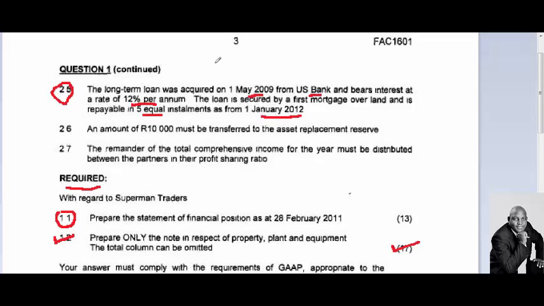Now, like I said earlier, our year of interest is 28 Feb 2011. Now we need to pay the first installment on 1st Jan 2012, so that means it's 11 months from here.